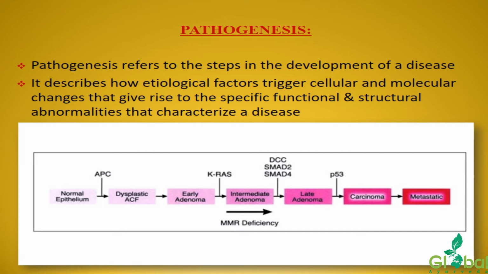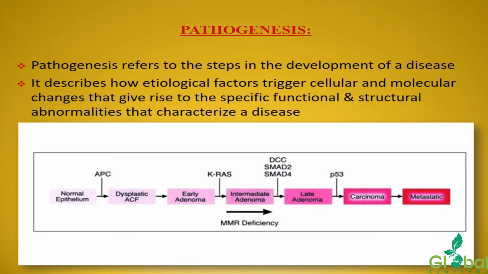So with respect to normal epithelium, there will be dysplastic ACF and adenoma formation. From there, as a result of intermediate components like KRAS along with DCC, SMAD2 and SMAD4, there will be an intermediate adenoma. From there it will go to a late adenoma. This will cause carcinoma with the help of P53, and this will end up in a metastatic condition.